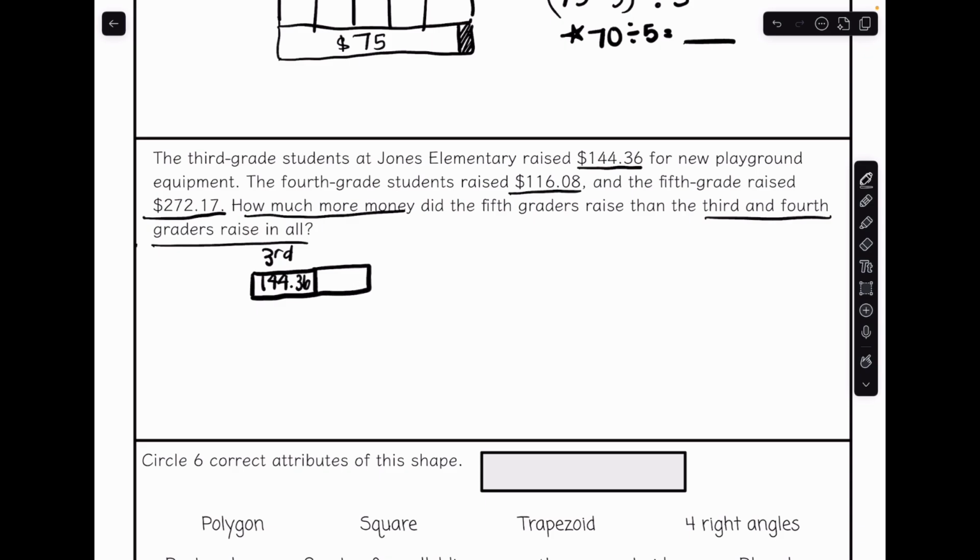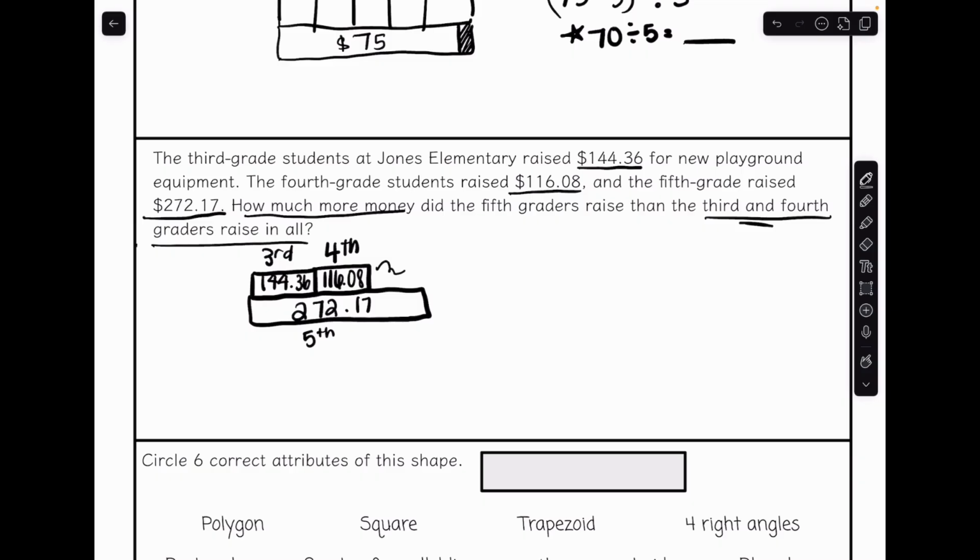And, because here in our question it says third and fourth grade, meaning they're going to be together, fourth grade raised $116.08. And fifth grade raised $272.17.